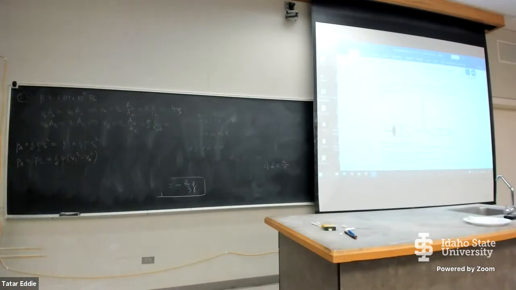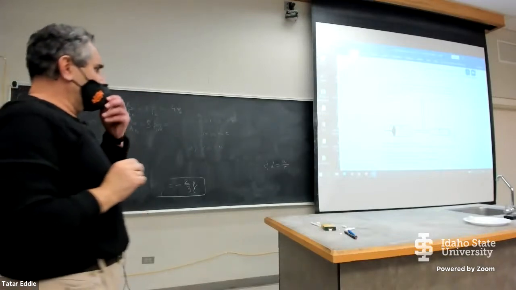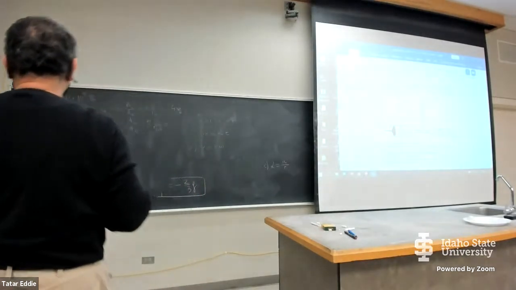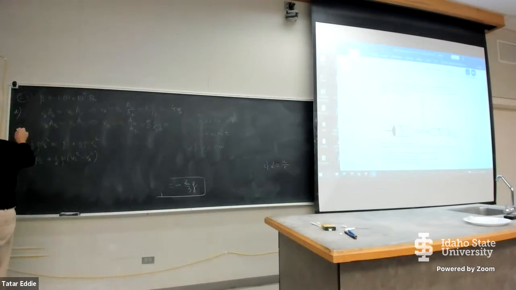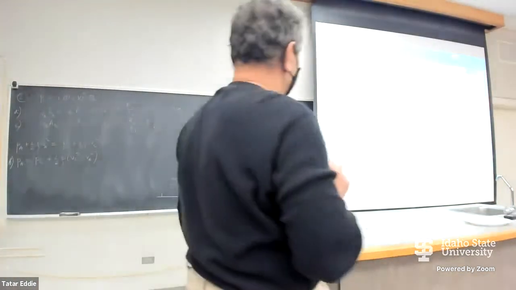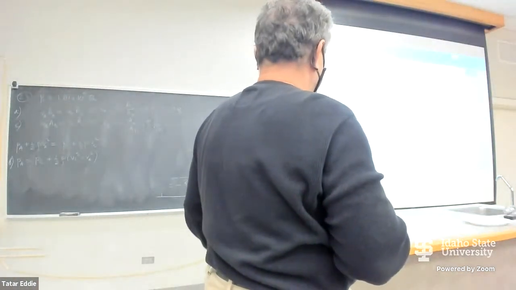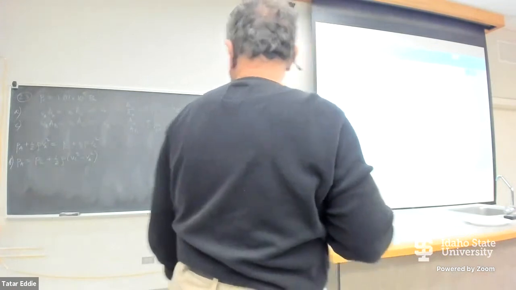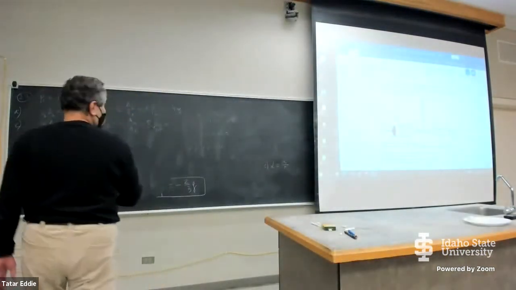So this is part B. Part B is here, part A is here. Part C, the speed at point B. Well, we found the speed at point B, part C. The pressure at point B in a similar manner.